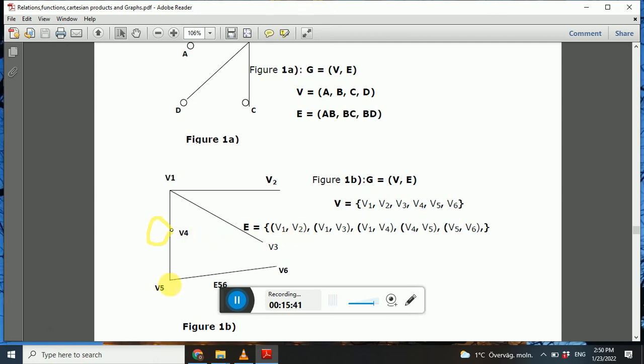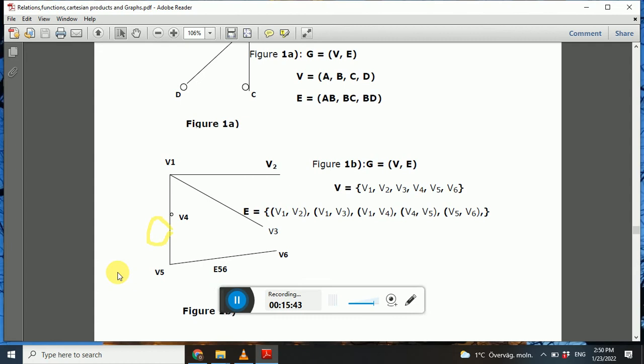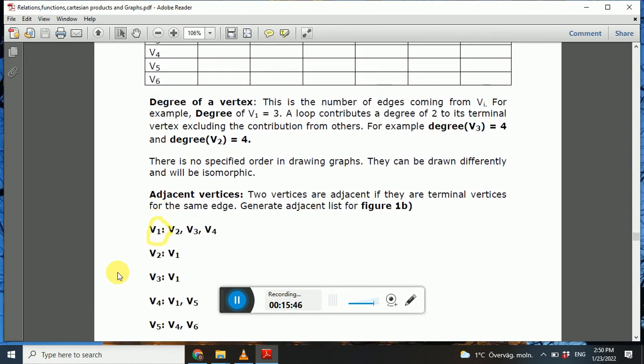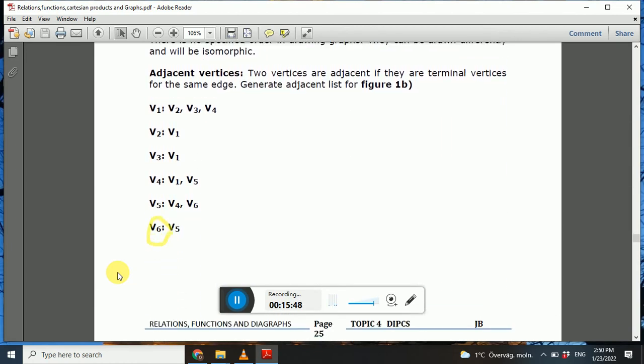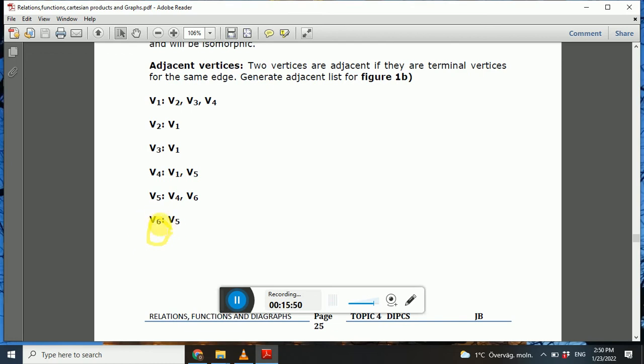Those will be the terminal vertices. Okay? Yeah. So you should be able to also confirm that V6 and V5 are also terminal vertices because there is an edge connecting them.